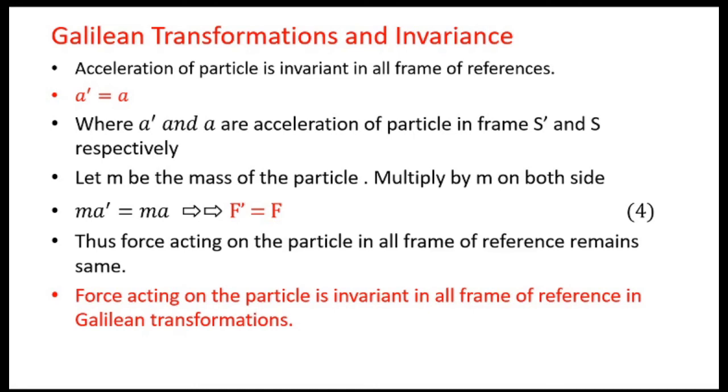It varies, but the acceleration of the particle and the force acting on the particle in all frames of reference remain the same. It is invariant in Galilean transformations. So that's all about Galilean transformation and the parameters that remain invariant in it.